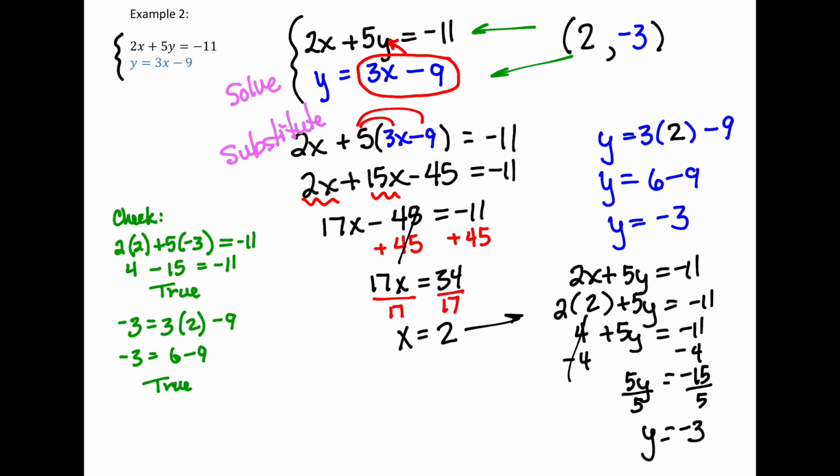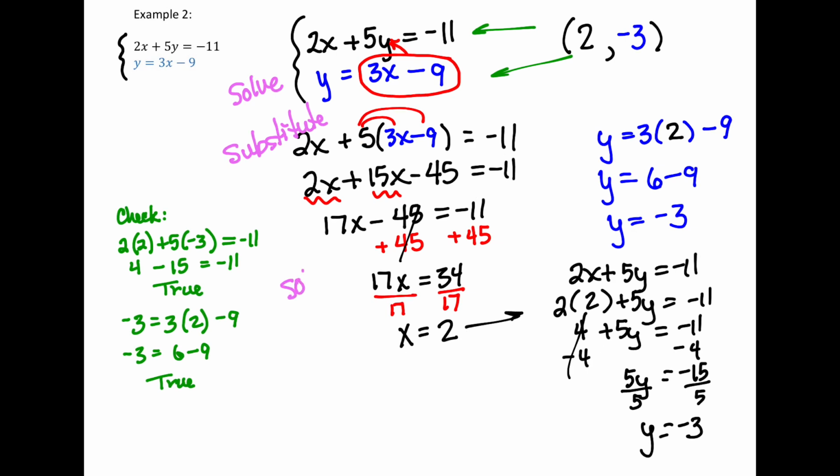Okay, so there I substituted right there. Now I'm going to solve it for x. And that's what I finished out here. Then you substitute again, and you get your answer. So we're solving, right?